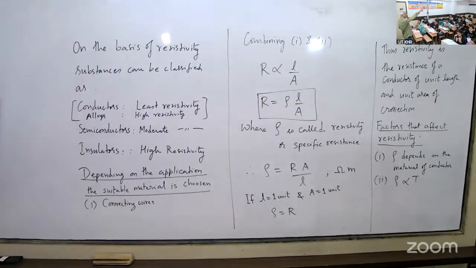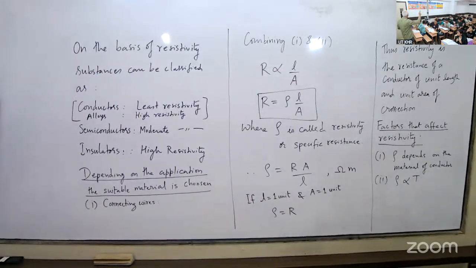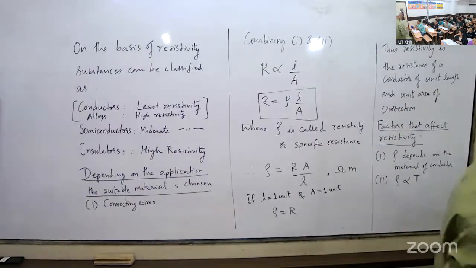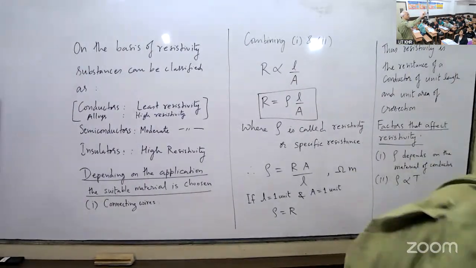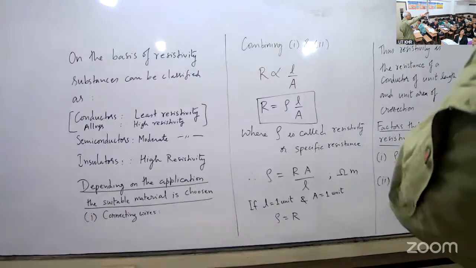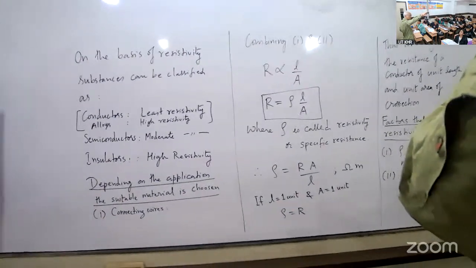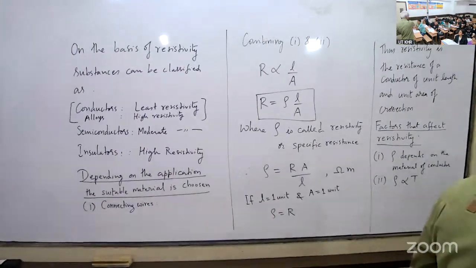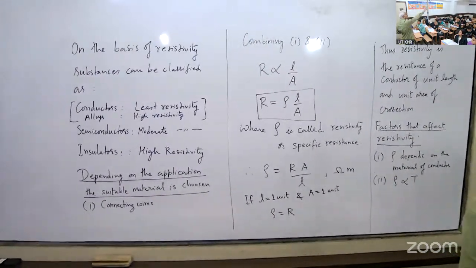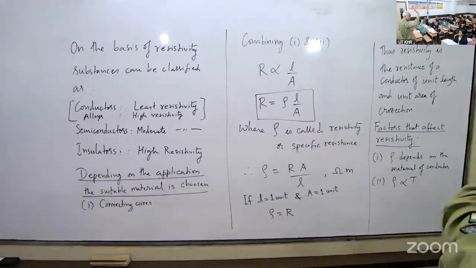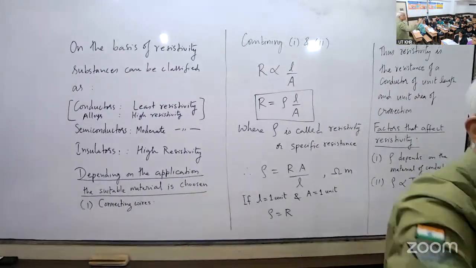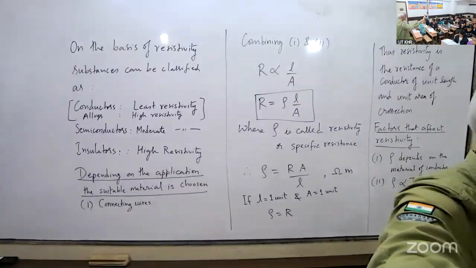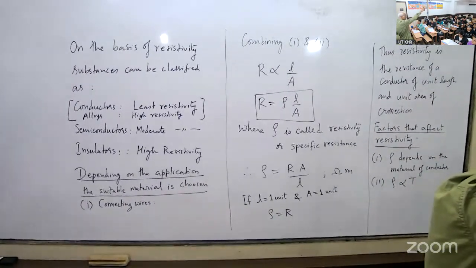Low, because that fan is the device and I want to connect it to the source. These are conducting wires or connecting wires. They should have very, very low resistance. The moment I switch on the supply, current should flow immediately with least resistance. No energy should be consumed inside this. All the energy should be consumed by the appliance.